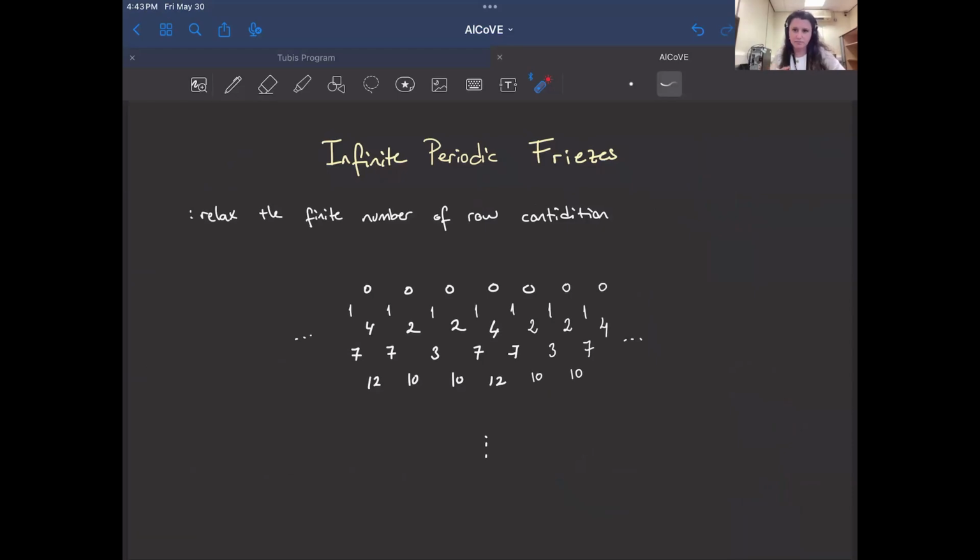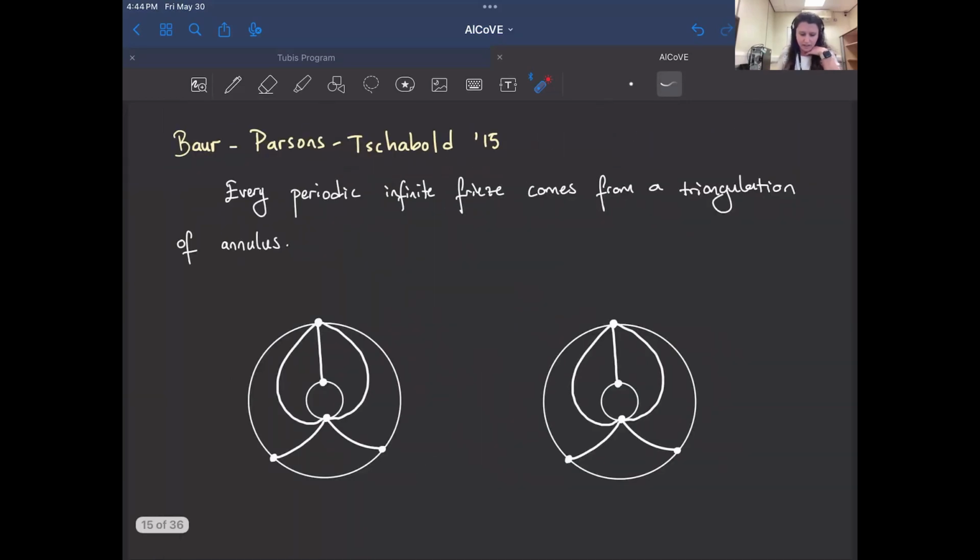Now we can generalize. We can say, okay, we can have infinite periodic Friezes. We just relax the condition of a finite number of rows, but we still want periodicity and positive integers. So we will still want to have some periodic row and then propagate and get only integers. And then actually there's a very beautiful result by Baur, Parsons, and Tschabold.